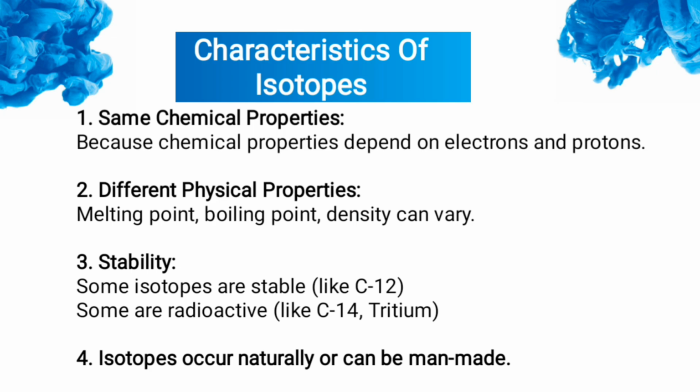And the third one is stability. Some isotopes are stable, like carbon 12, but some are radioactive, like carbon 14 and tritium. And the fourth one is that isotopes occur naturally or can be man-made.